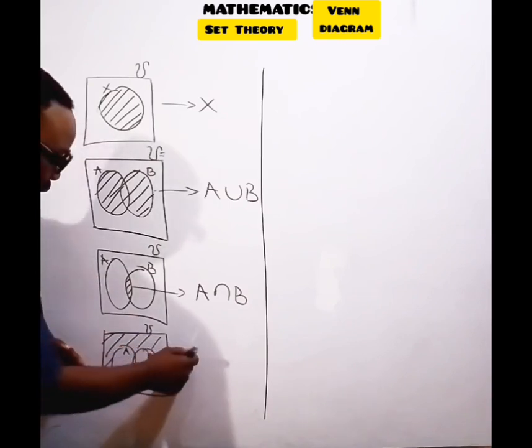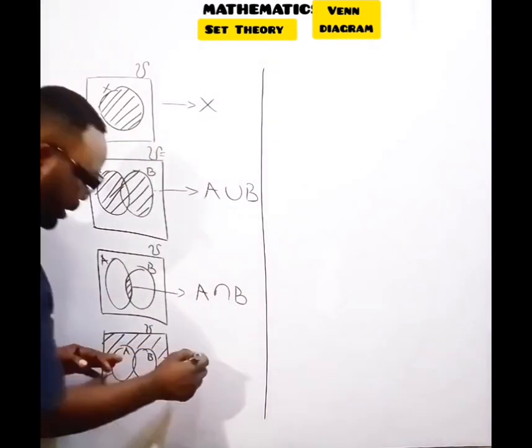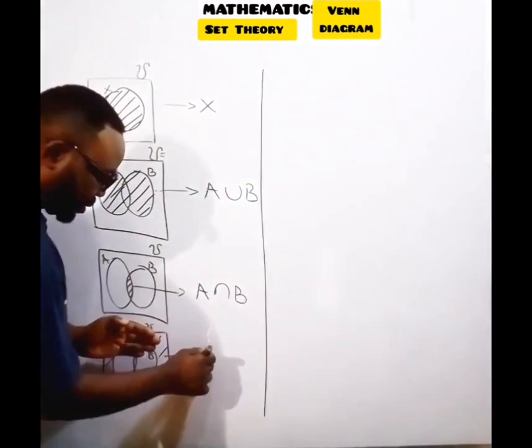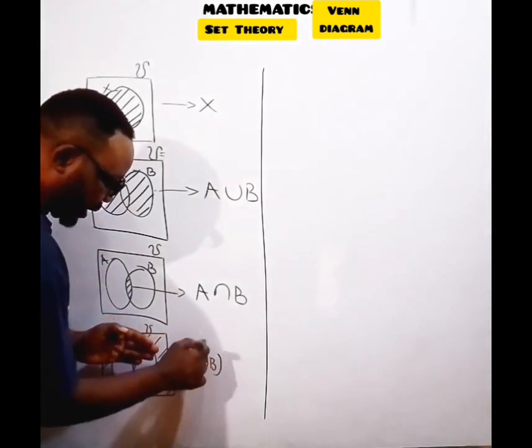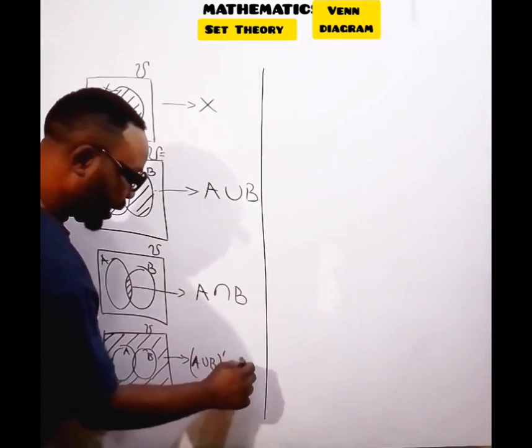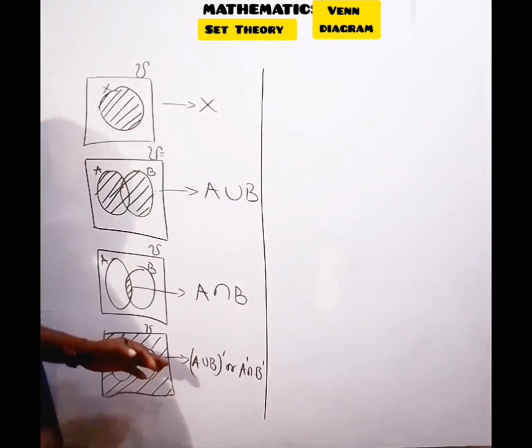The shaded portion here is referred to as (A union B) complement, or A complement intersection B complement.